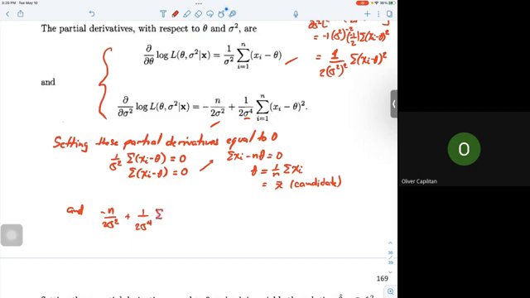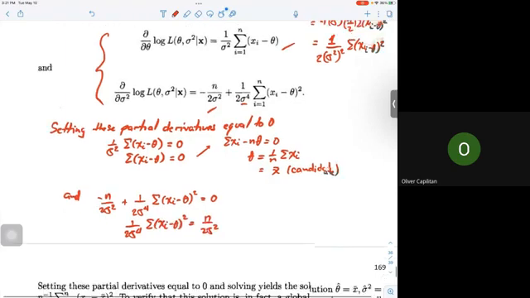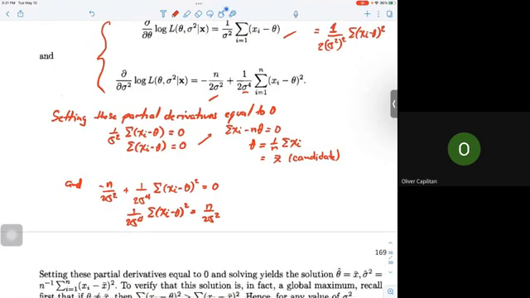So we have here the summation of xi minus theta quantity square equal to 0. So multiply both sides by, pwede natin i-transpose on the other side, n over 2 sigma square. Okay, multiply both sides by sigma to the 4.